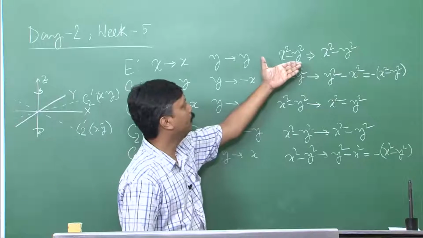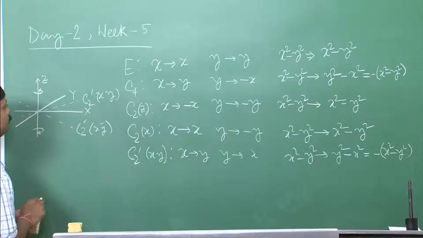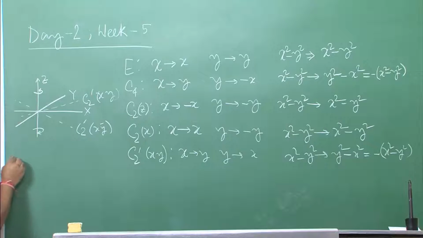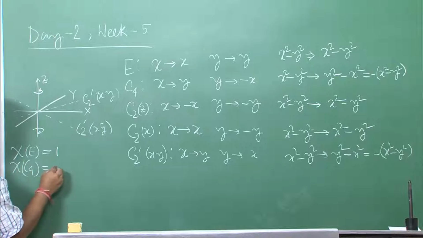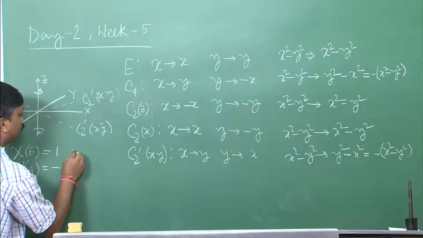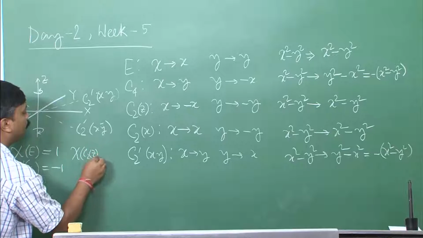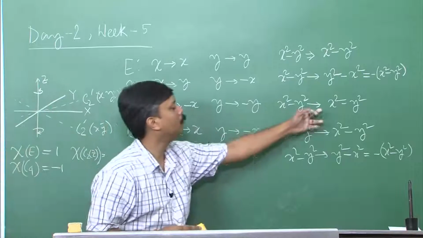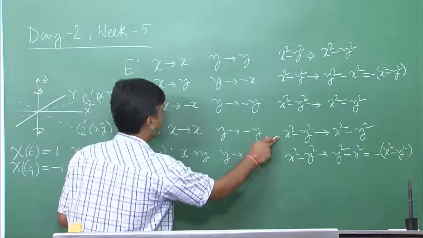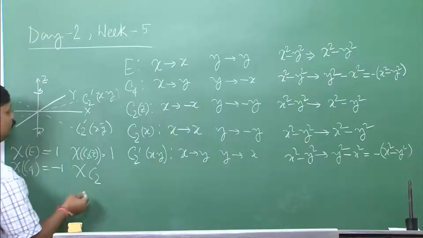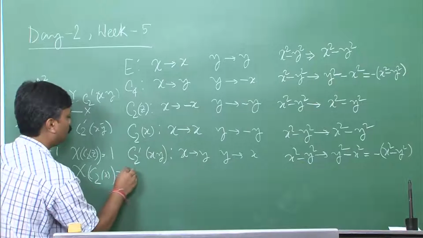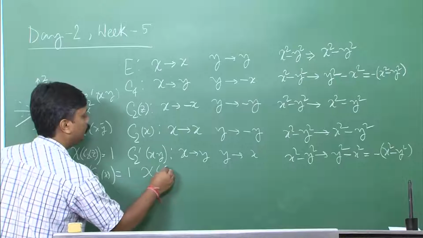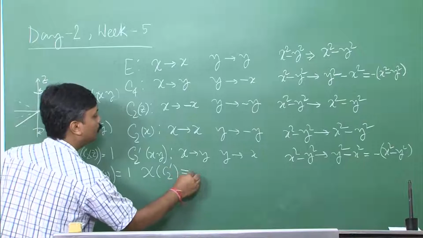And you can see here, suppose I write chi of E is equal to 1, and then chi of C4 equals -1, and then chi of C2Z equals 1, and chi of C2x is equal to 1, and chi of C2 prime equals -1.